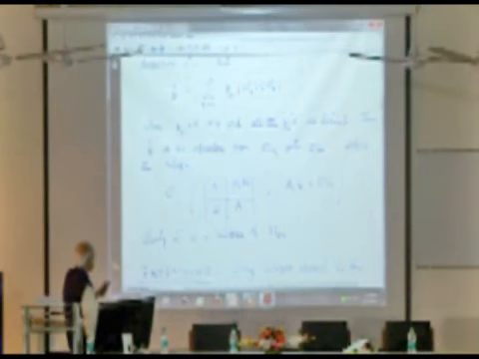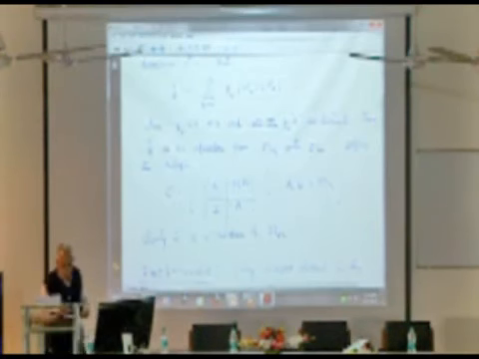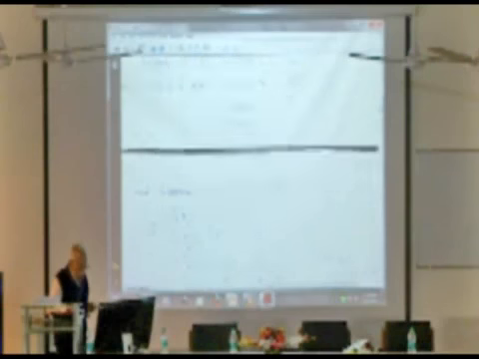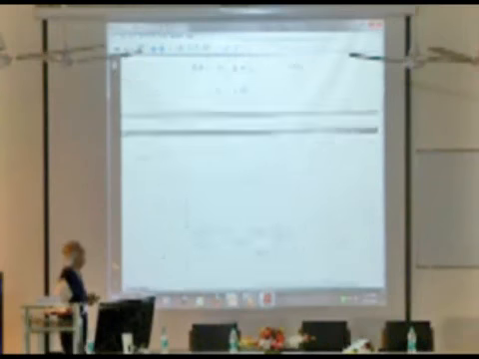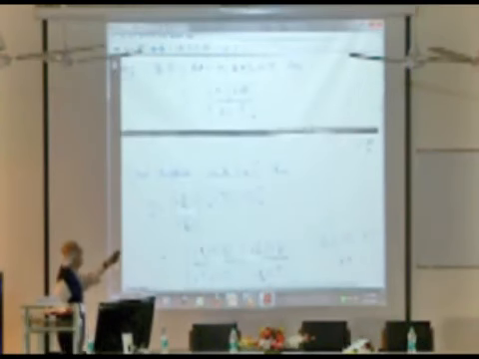Now consider the case A not equal to 0 and B not equal to 0. In that case, my claim is the rank of the matrix cannot be equal to 1. The matrix S is this one.